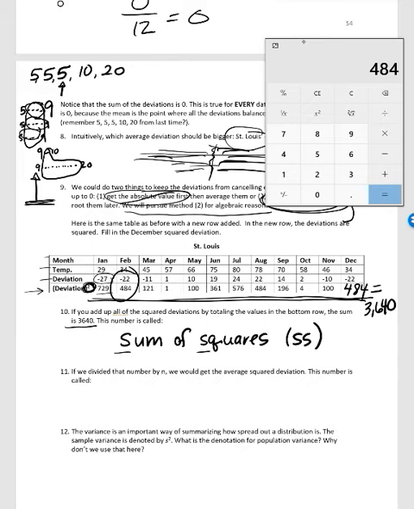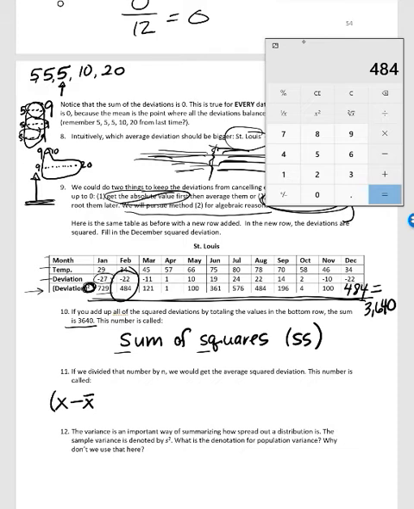Now, I'm going to connect this a little bit with our formula. What we've done so far is, for each data point, subtract the mean, and that's my deviation. Now, if I try to find the average deviation, it's always 0. That's not going to work.